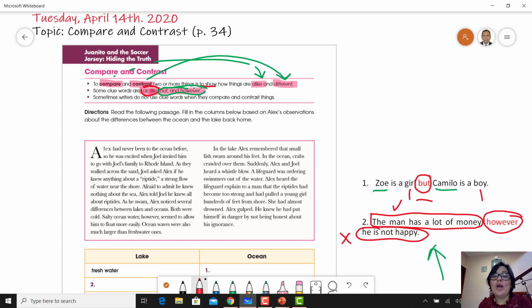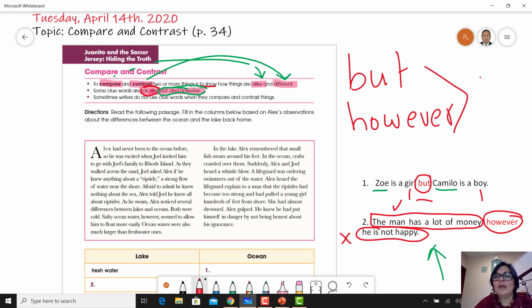So we are contrasting how having a lot of money does not mean that you are going to be happy. Okay? So when we use but and however, we use them for contrast.